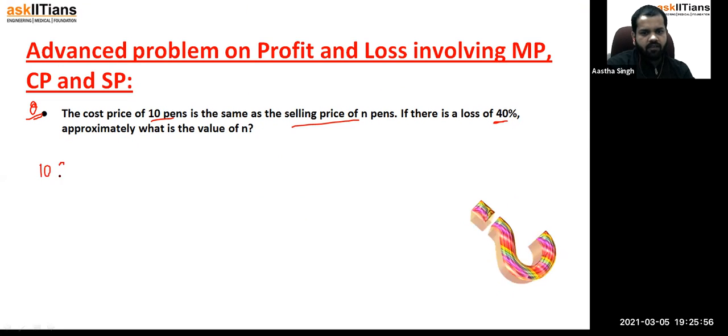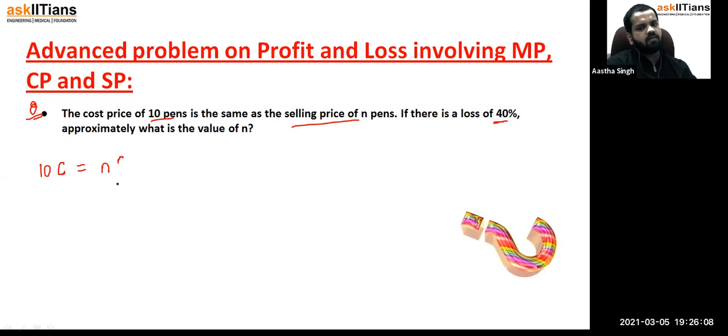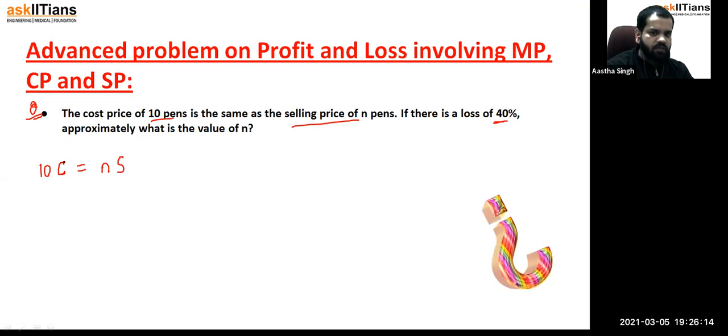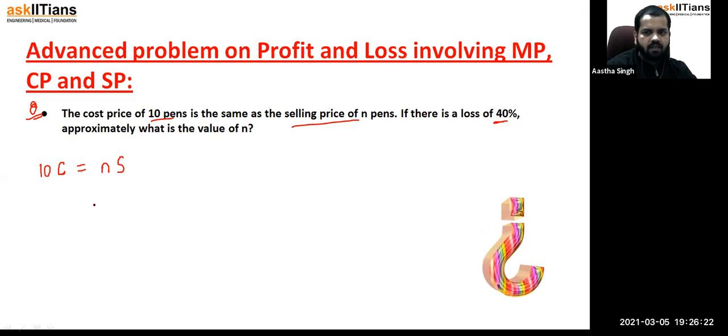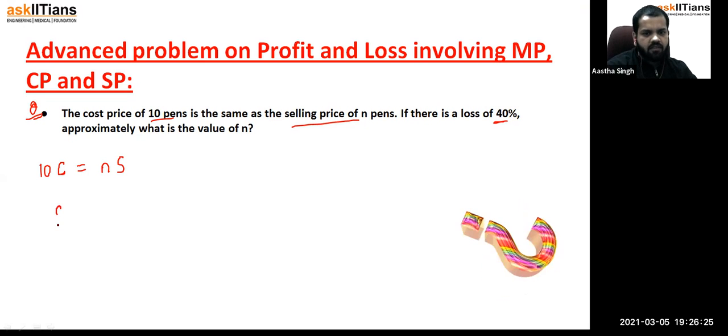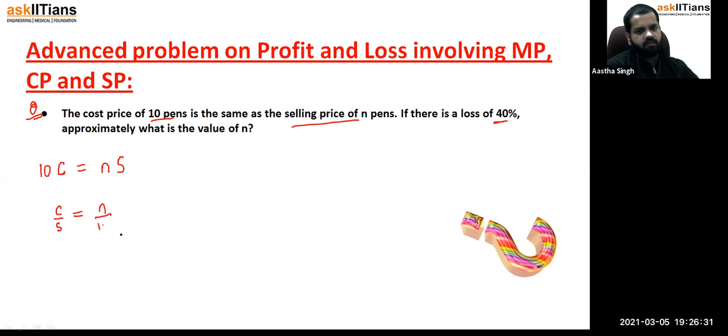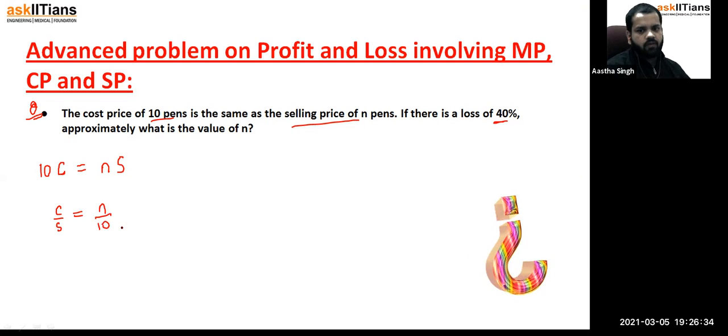Suppose your cost price is C, then 10C will be equal to your selling price of n pens. Suppose the selling price is S. So from here you will get the ratio C upon S as n upon 10. That is, if your selling price is 10, then the cost price will be n.